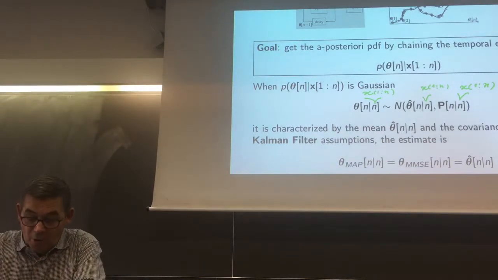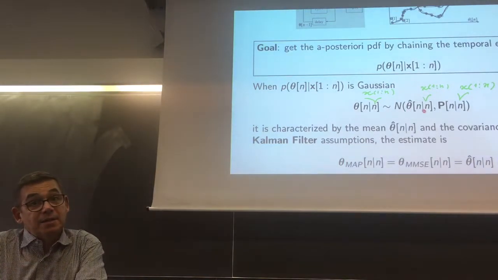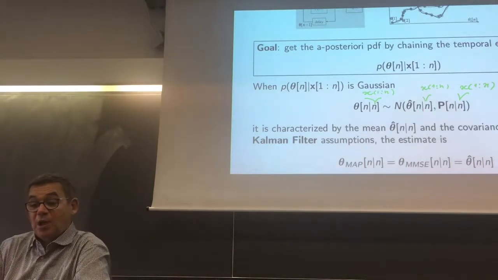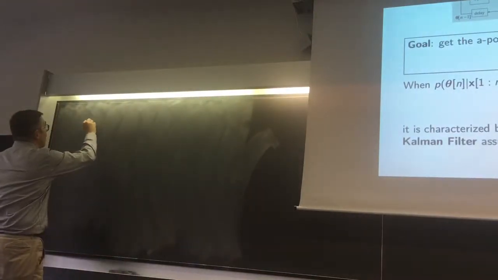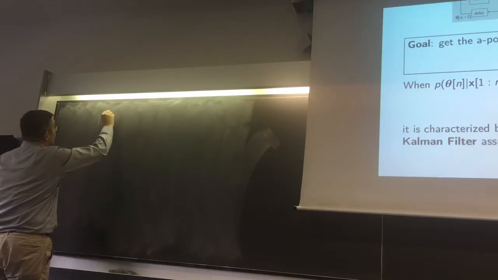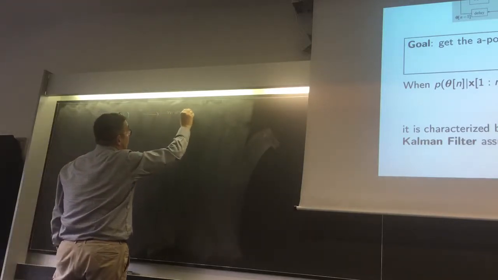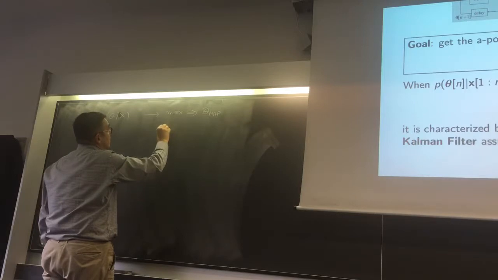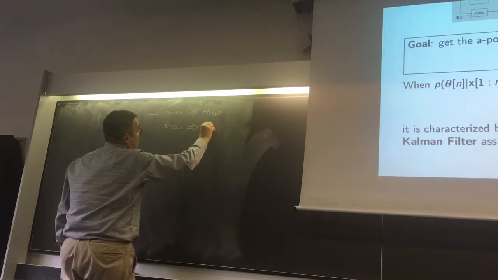But why am I indicating that this mean is x hat? Remember, we are treating the a posteriori. If my probability of theta given x is the a posteriori, then the max coincides with theta MAP, and the mean coincides with theta MMSE.